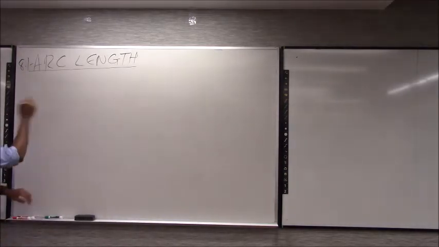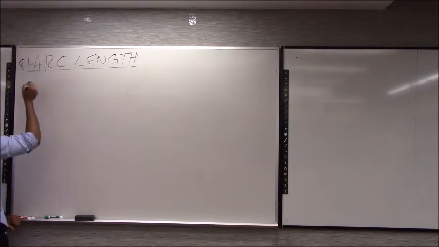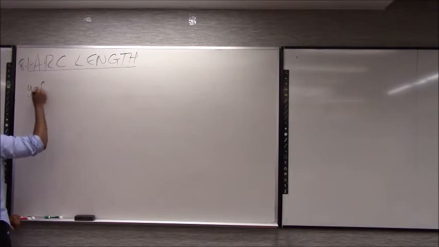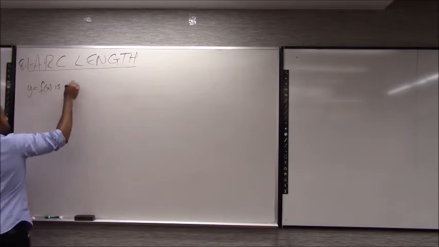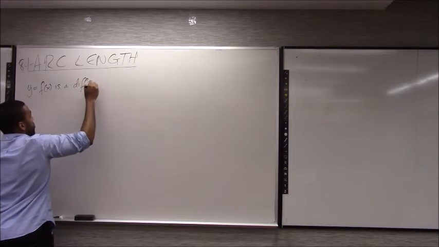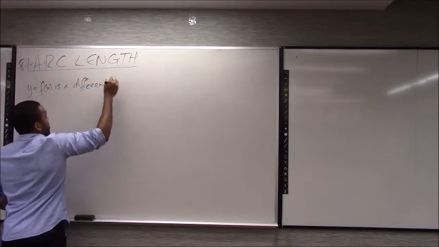So last time we actually derived a formula. Let's say y equals f of x is a differentiable function, because we want to be able to find its derivative at all points on an interval.